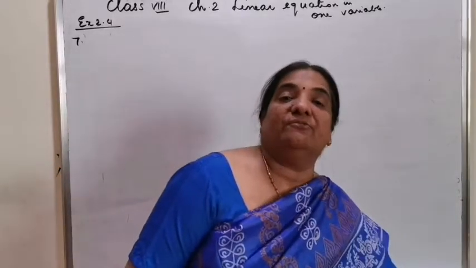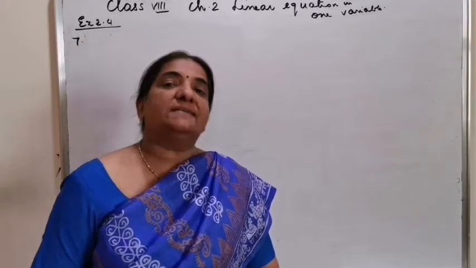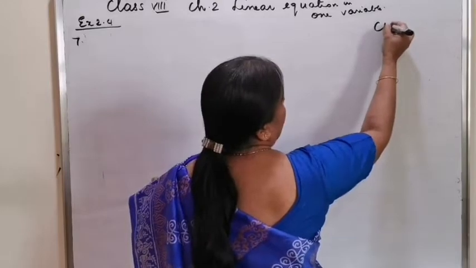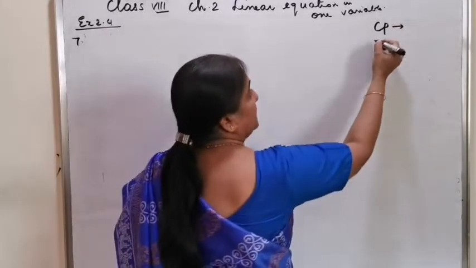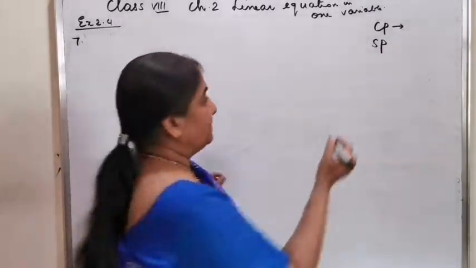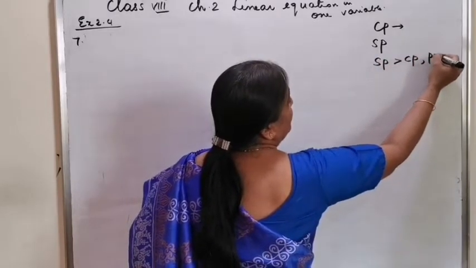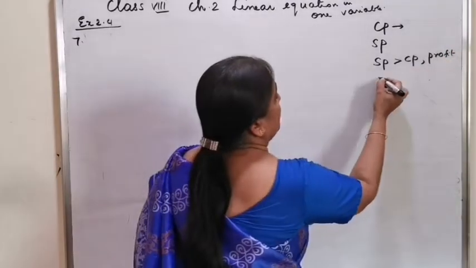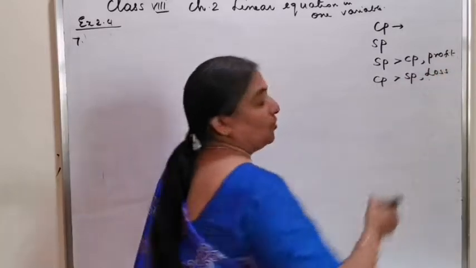So here the question involves the concept of commercial maths or profit and loss. When you buy an article, you call it the cost price. The amount you are getting by selling it is called the selling price, and if the selling price is greater than cost price, you make a profit or a gain. If the cost price is greater than selling price, you make a loss.